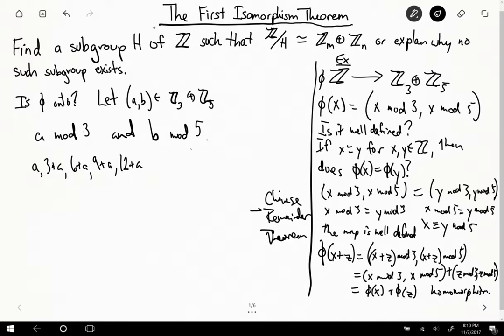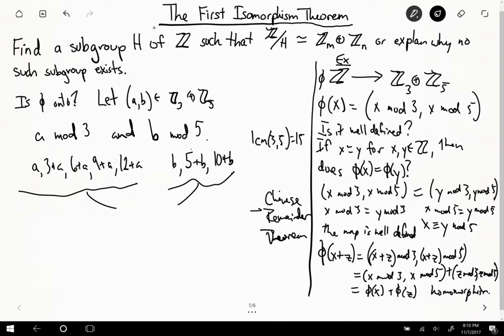And for the b, to give you an idea, you have b, 5 plus b, 10 plus b, and that should be it for that list. And now why don't I have to go any higher in my list? Well, notice the least common multiple of 3 and 5 is equal to 15. So what's going to happen, the Chinese remainder theorem says basically that you have something between these two lists that have to be in common.